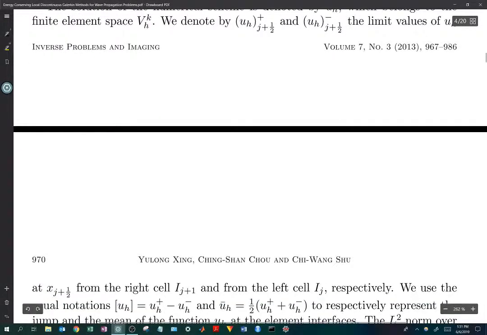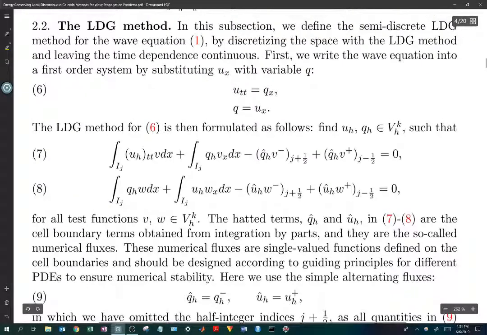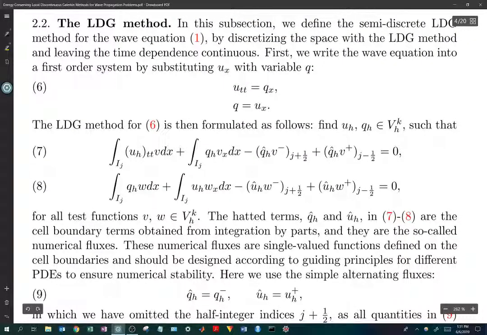And so then we use this formula to approximate the solution. So our problem that we started with was UTT equals UXX, but this is difficult to work with for this method, and so we introduce a new function called Q, and Q is going to be UX.